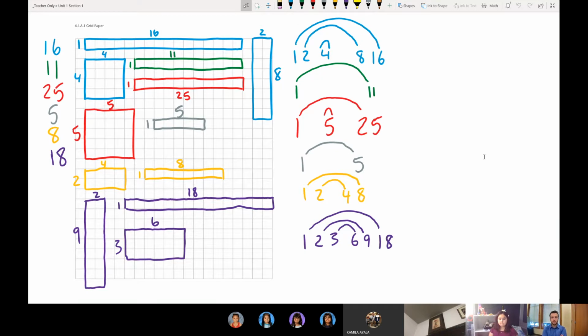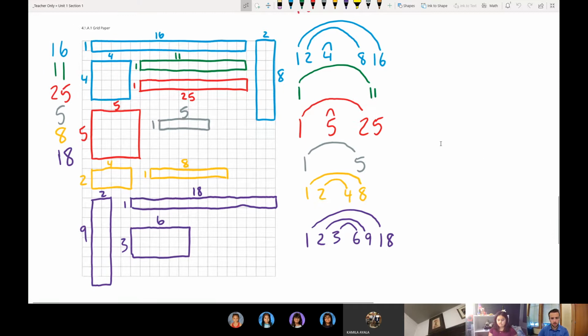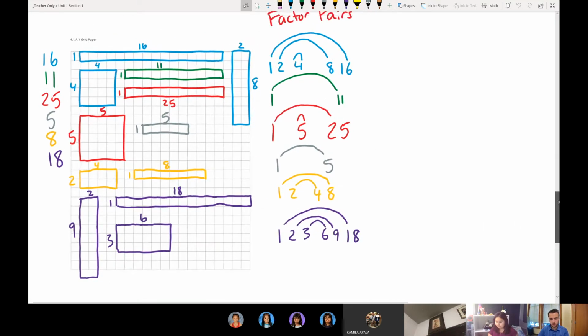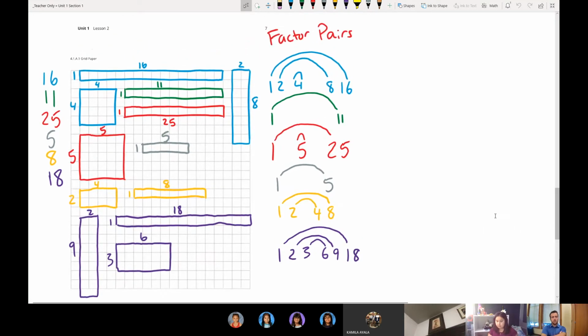So in general here, I'll just open it up for the room. What are some things that you notice about these rectangles? I'll zoom out a little bit so I can get factor pairs written up there. There we go. So what are some things that you notice about these rectangles? It could be anything. Rectangles or the factor pairs. Does anything jump out? Are there areas that give us similar types of rectangles?